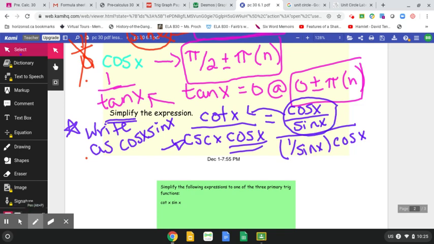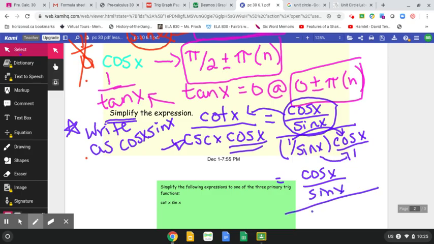But we can multiply this denominator. This is like saying cos over 1. When you're multiplying fractions, top times top, bottom times bottom. So 1 times cos is cos, sine times 1 is sine. So you're going to get cos over sine. In the end, you have cos x over sine x, and in your denominator you have the exact same thing, cos x over sine x.